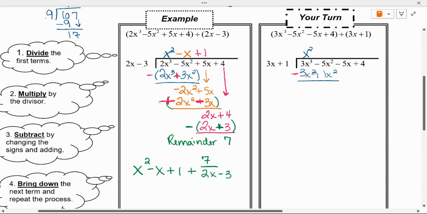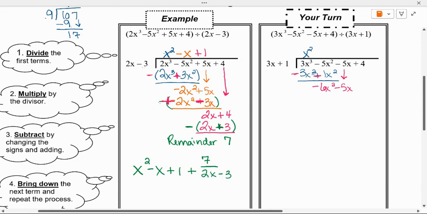So 3x cubed minus 3x cubed is 0. I hate it that this deletes stuff instead of just keeping it on there. Negative 5x squared and negative 1x squared make, same signs, add and keep negative, negative 6x squared. Bring down your minus 5x.